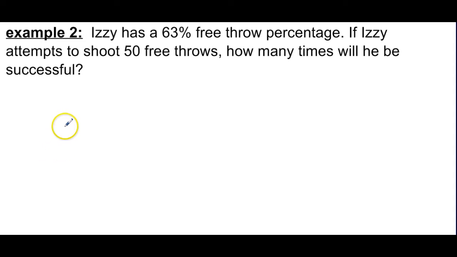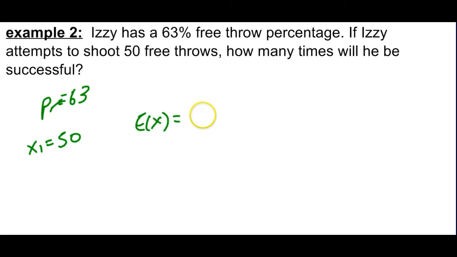The next example is again a very basic one. Izzy has a 63% free throw percentage. So that's probability 1, which would be 0.63. If Izzy attempts to shoot 50 free throws, how many times will he be successful? So X1 would be 50.